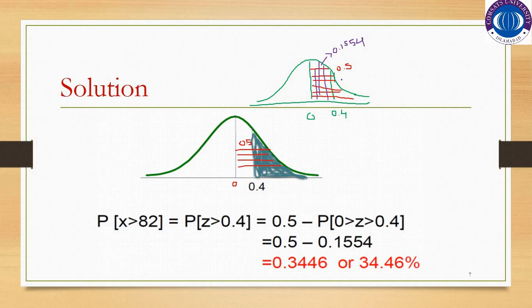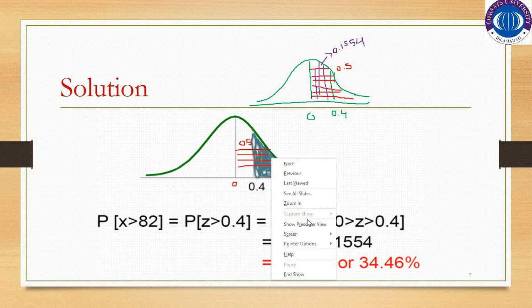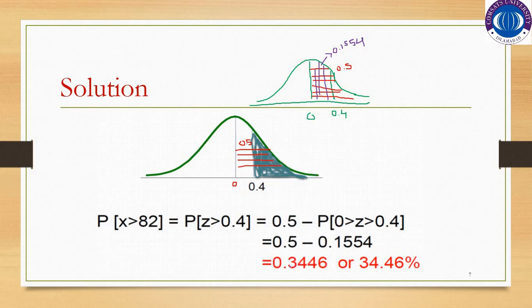So by subtracting the 0.1554 from 0.5, you will be left with this particular area, which is the required area. So it will be 0.5 minus 0.1554, which is 0.3446.